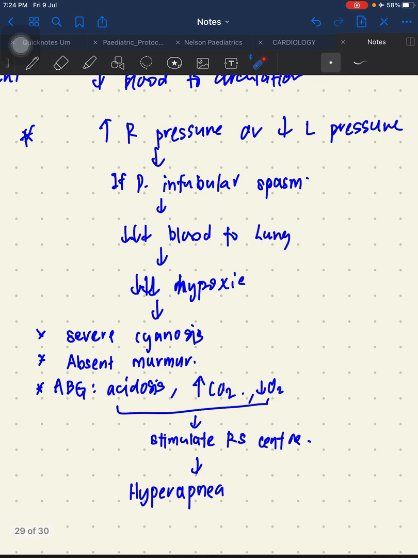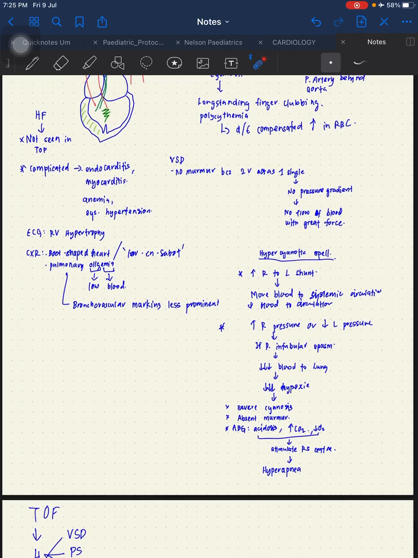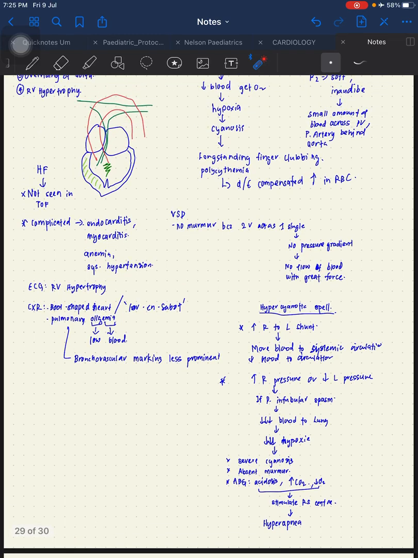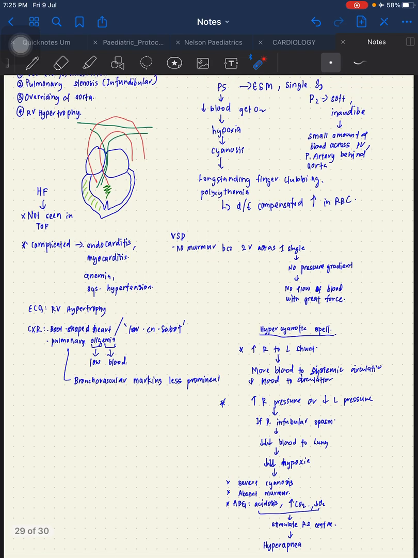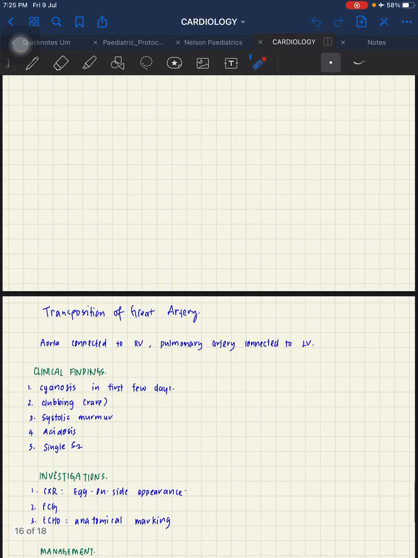So the body tends to react by hyperpnea, which means the baby will breathe deep and faster. So this is the investigation.